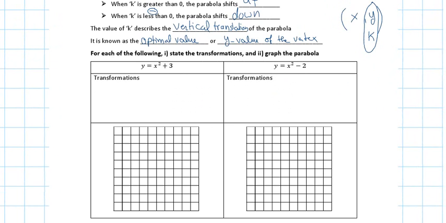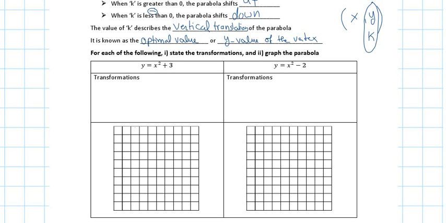Added 3. So what does that 3 represent? The value of k. What does k do to my graph? Move it up. So what do we call this? How do I write this? Vertical translation. Okay. 3 units up.